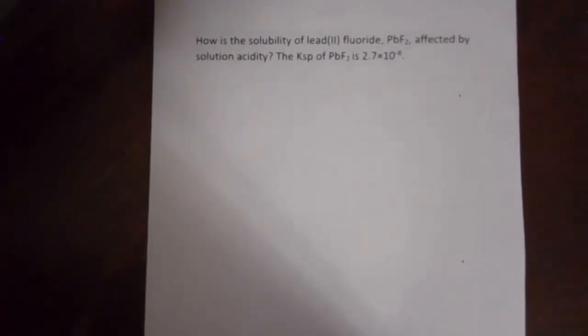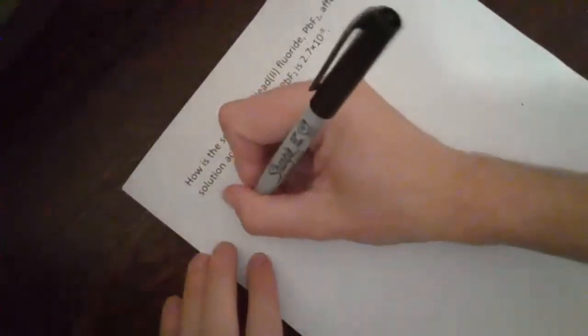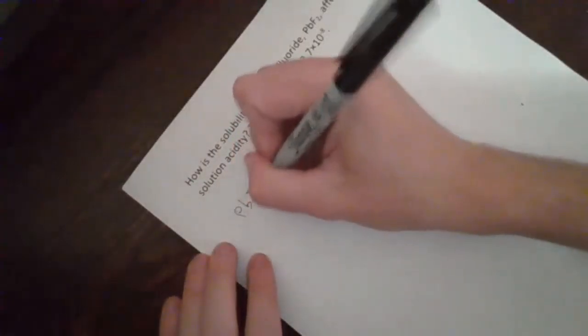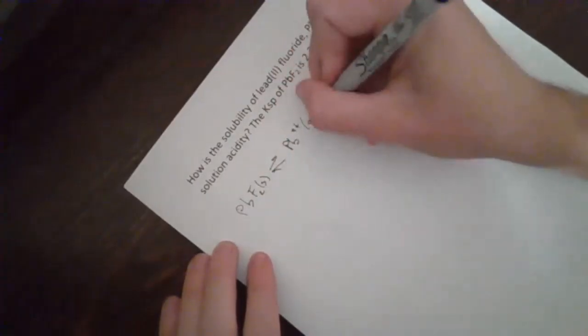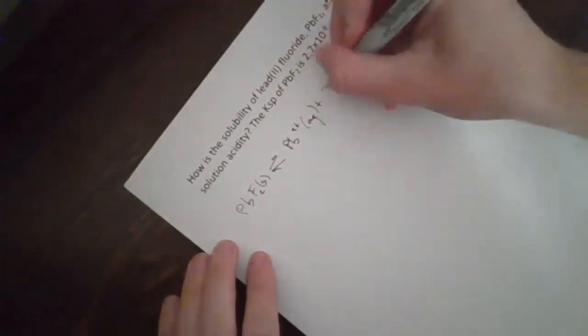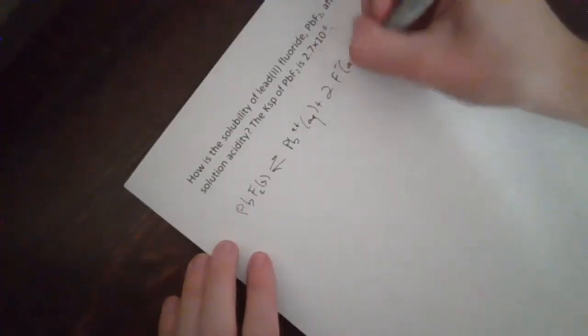How can we start this process? Well, what happens when we dissolve lead-2 fluoride? We know our PbF2 solid would dissolve, giving Pb2+ and 2 fluorides.